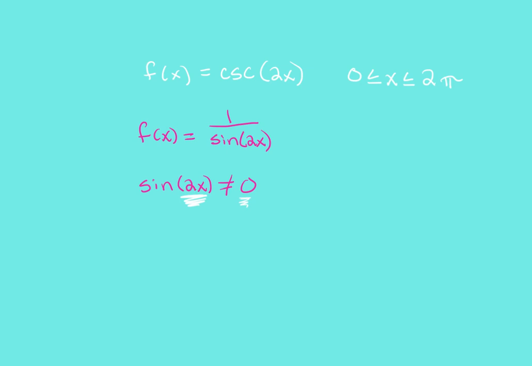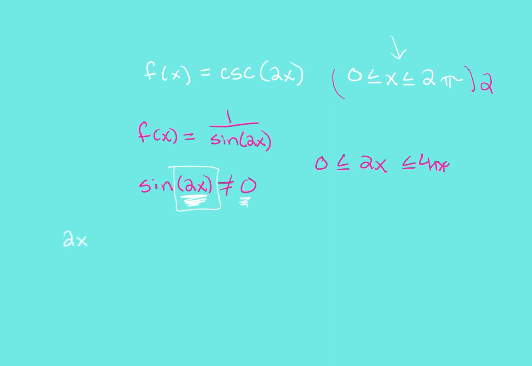And because of this 2x, what I'm going to do is if I go up to my domain, since it's going to be 2x, I'm going to multiply all of those by 2. So I'm going to look at 0. So 2x is going to be in between 0 and 4 pi. Okay, so when is sine 0?